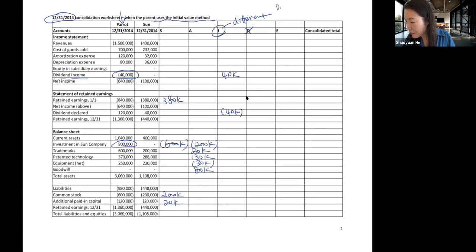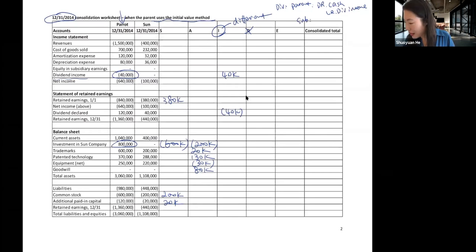So for the dividend payment, if the dividend has already been paid in cash from the subsidiary to the parent, how would the parent record this? What journal entry would the parent record? It will record debit cash, right? Credit dividend income.